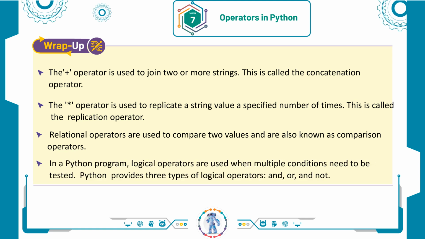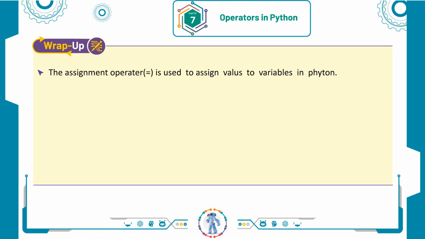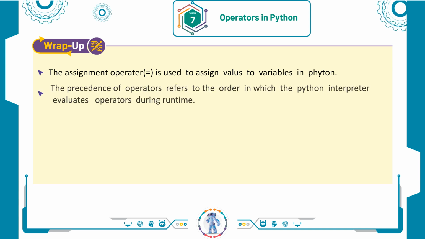In a Python program, logical operators are used when multiple conditions need to be tested. Python provides three types of logical operators: and, or, and not. The assignment operator is used to assign values to variables in Python. The precedence of operators refers to the order in which the Python interpreter evaluates operators during runtime.